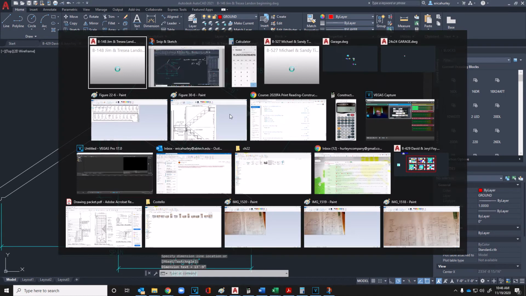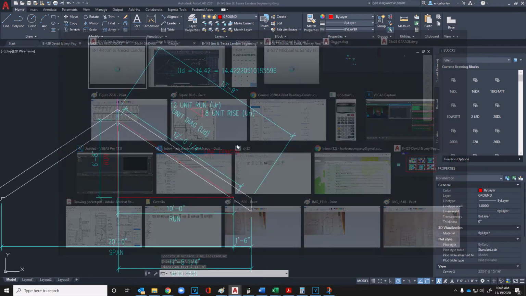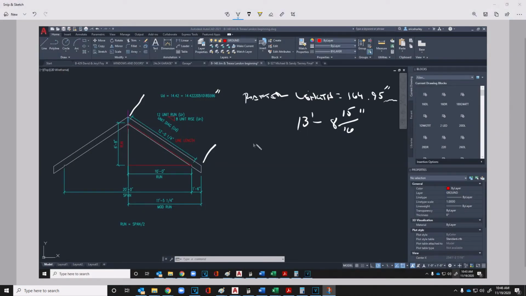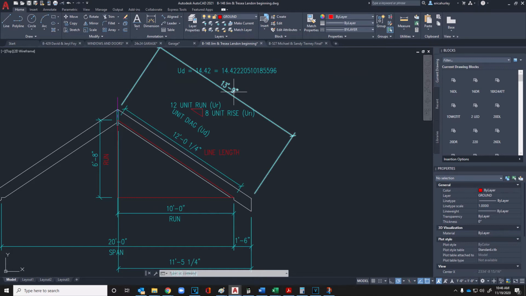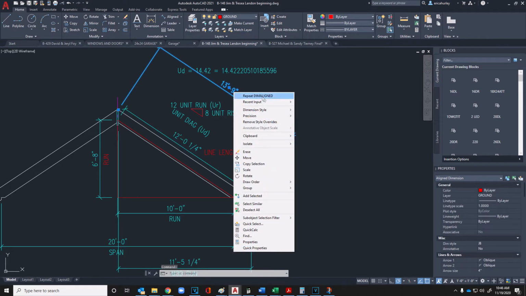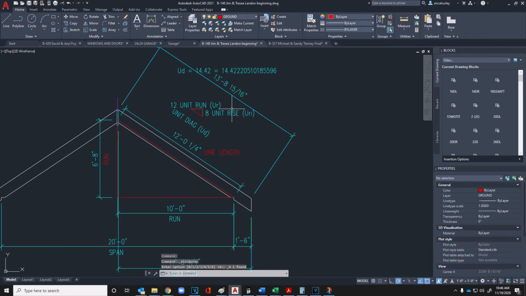Now let's look at that number. 13, 8, and 15/16. Watch this. I'm going to go to precision, and go to 16ths. Look at there. Bam! 13, 8, and 15/16. I love it when a plan comes together. So this is my rafter length.